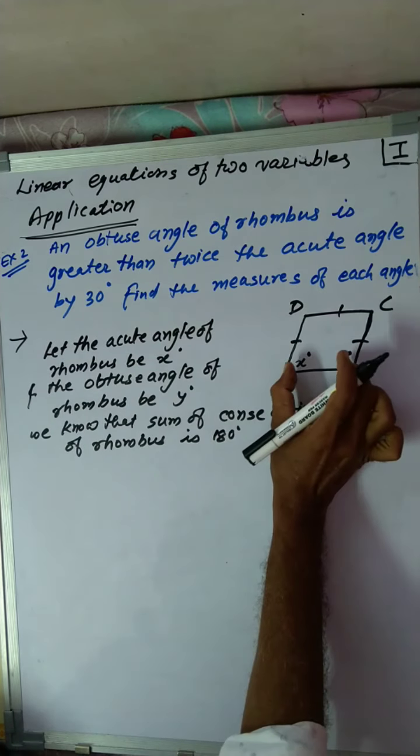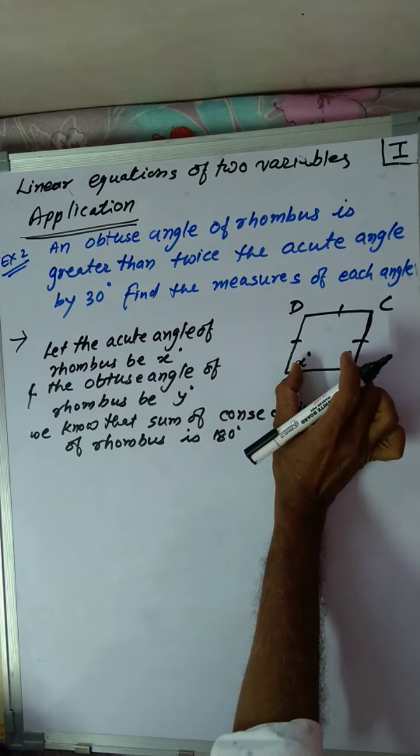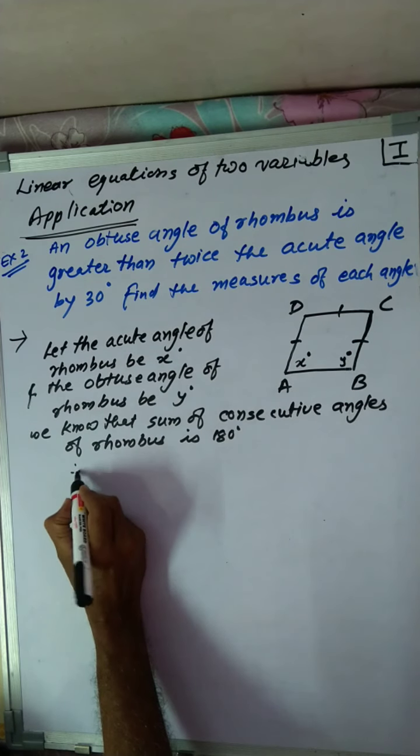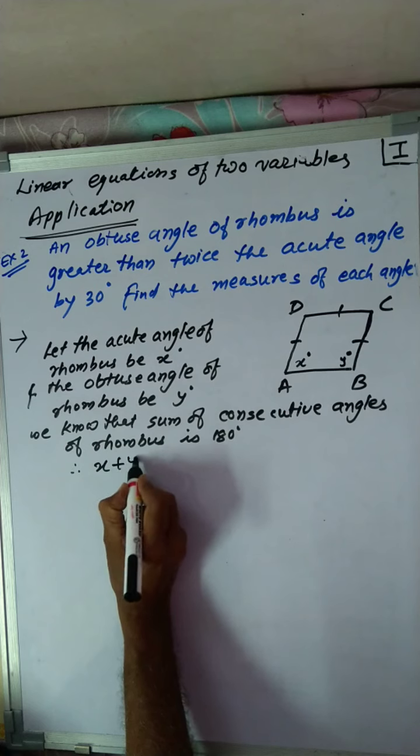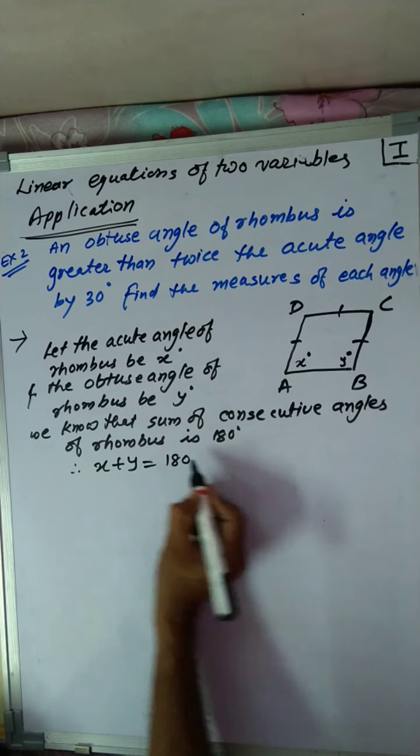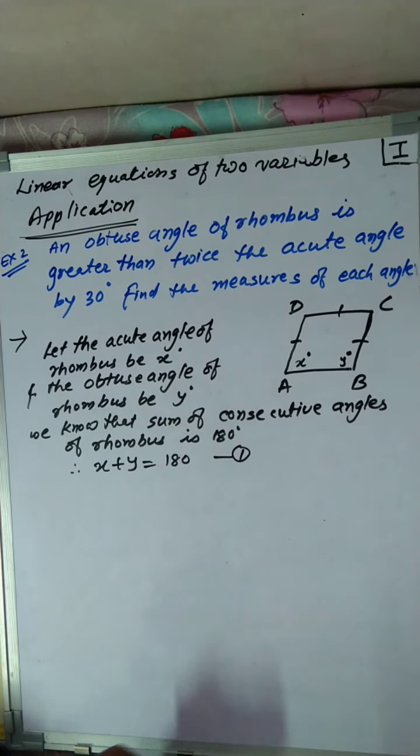The sum of these two angles is 180 because they are interior angles. Hence we get the first equation, x plus y is equal to 180. That is our first equation.